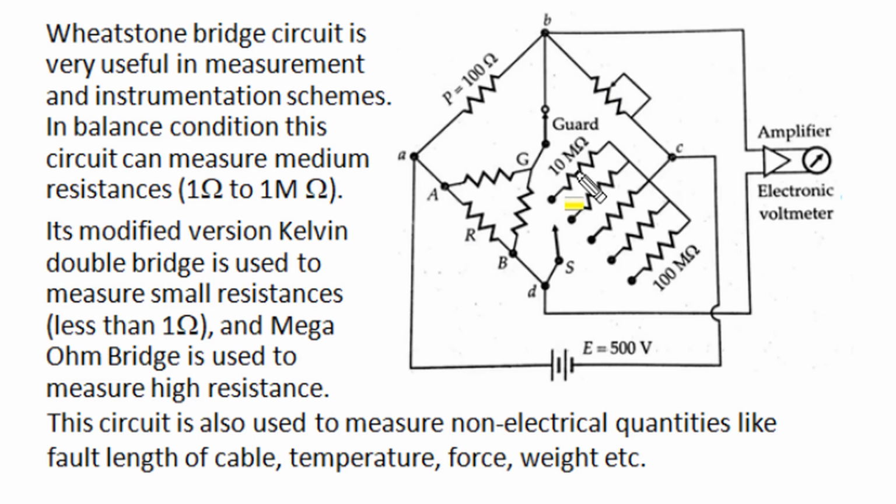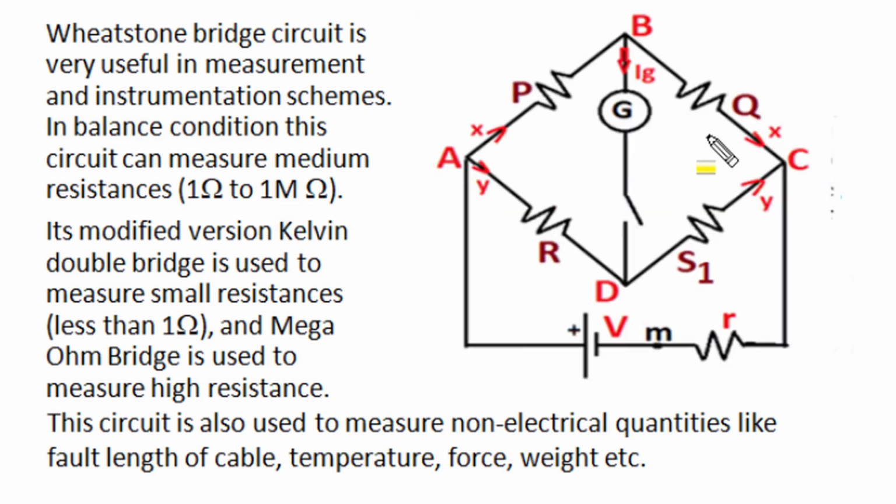Another modification of the Wheatstone bridge is the mega ohm bridge, which is used to measure high resistances of the order above 1 mega ohm. An interesting fact about the Wheatstone bridge is that apart from measurement of unknown resistances, this bridge circuitry is also used to measure non-electrical quantities like faulty length of cables, temperature, force, weight, etc.